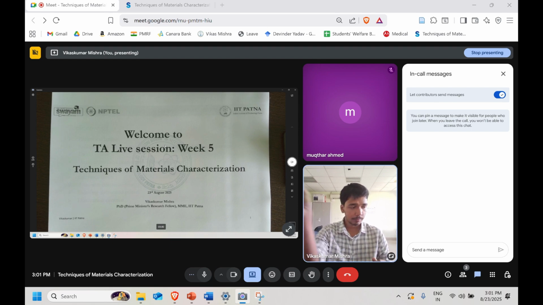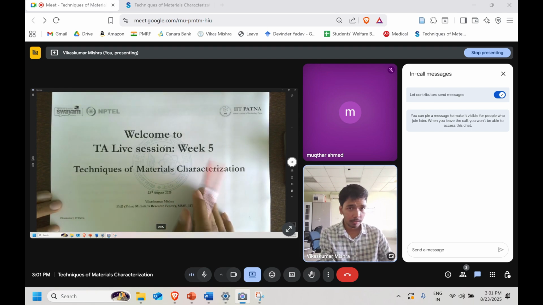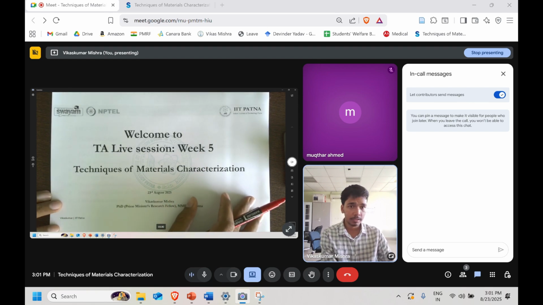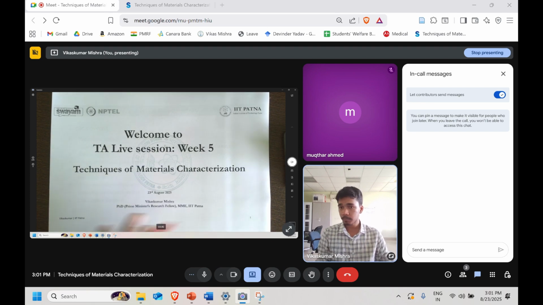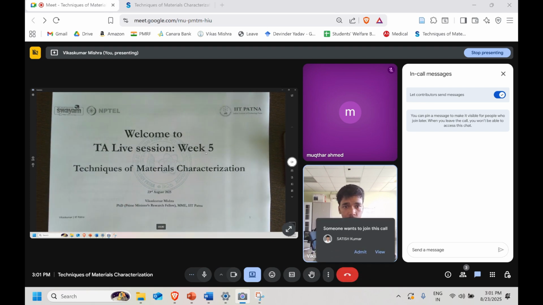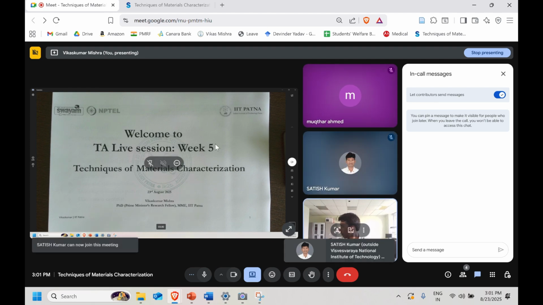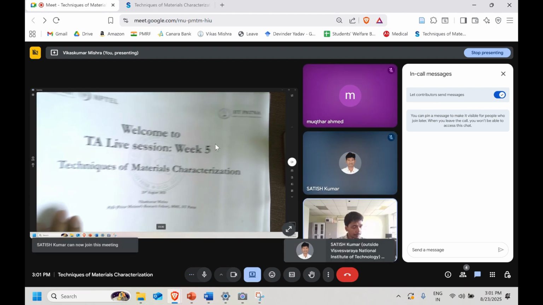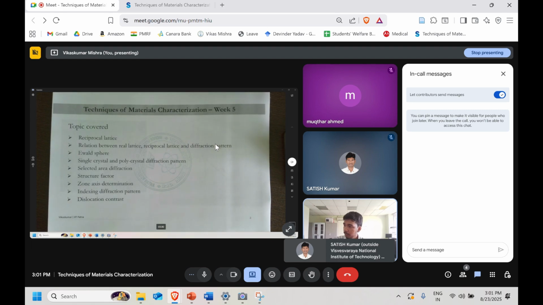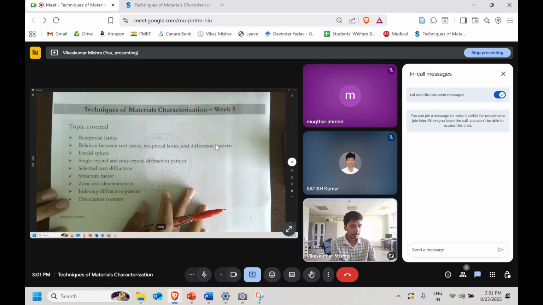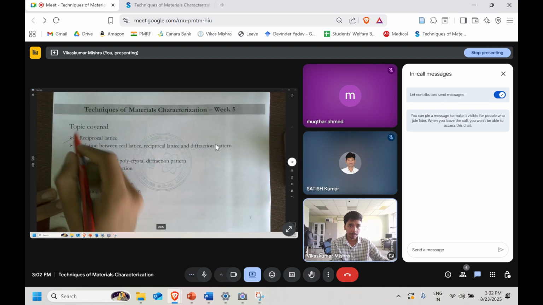Let's have a look at what we have completed in week 5 of this technique of material characterization course. In this week, we went through concepts like the reciprocal lattice.